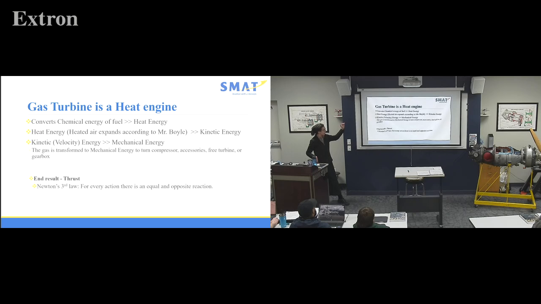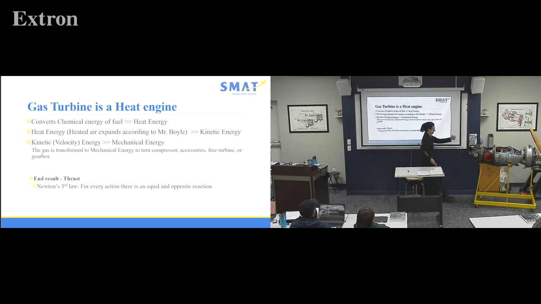Then that heat energy, and if you remember back to physics, Mr. Boyle, as you heat air, it expands. So we're taking advantage of that expansion. That's going into kinetic energy and velocity.